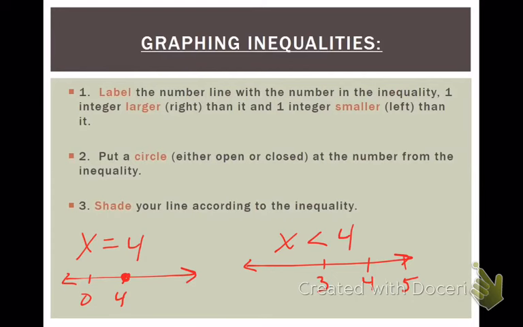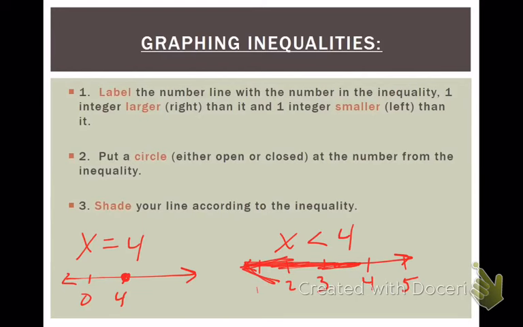When we do that, that might actually help us figure out which way we're supposed to shade. Now, we're going to shade the number line to show the solutions. So for x is less than 4, we're going to shade all the solutions. You said that 3 was a solution. You said that 2 was a solution. You said that 1 was a solution, right? So it's all of these numbers over here to the left, and we can keep going, smaller and smaller.